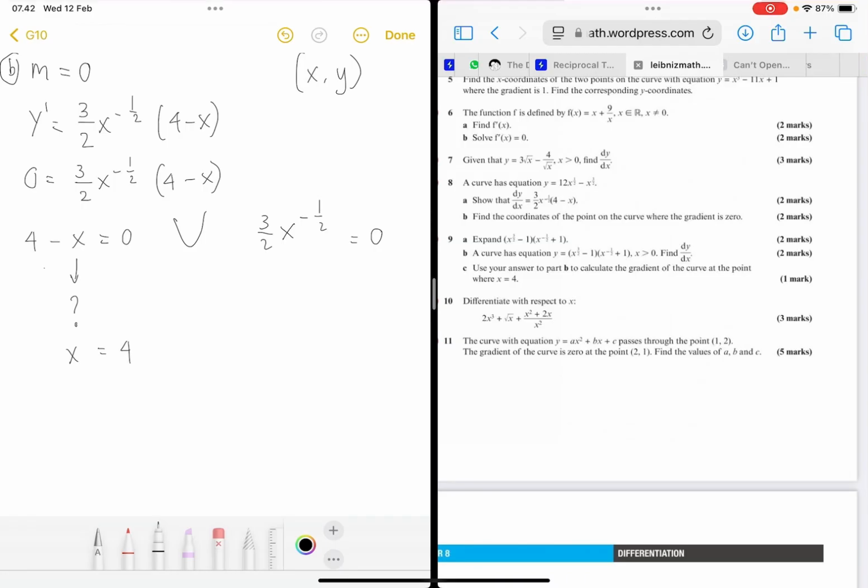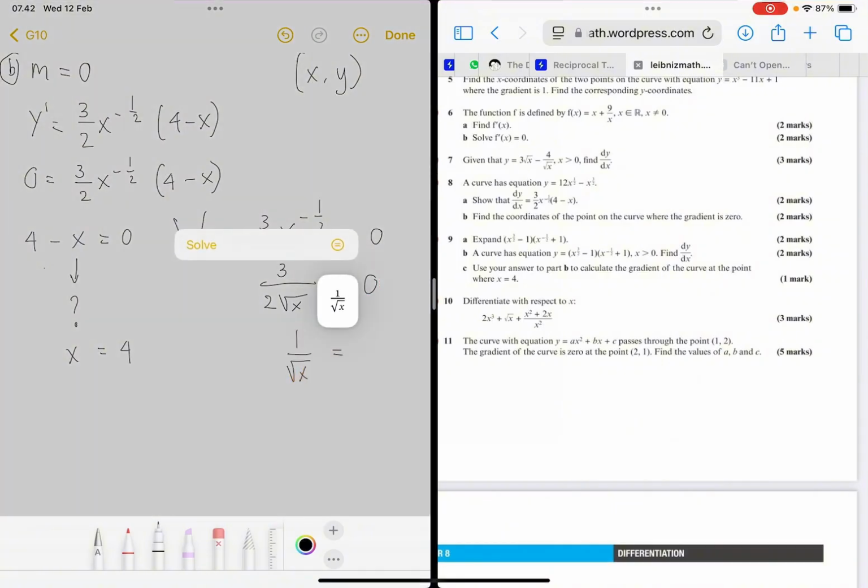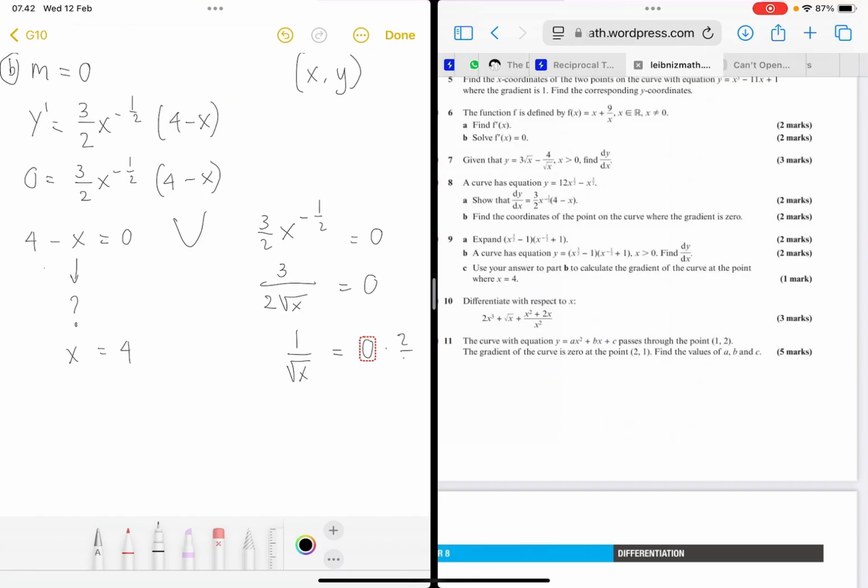Only 4. Next. For this part, 3 over 2 x to the power of minus 1 over 2, so that it will make it easier to find the x, we need to change it first into the non-exponential form. How to change it? Like this. 3 over 2 root x squared, like that, equal to 0. Okay, so now how do we find the x? This one on the left becomes 0 times 2 over 3.